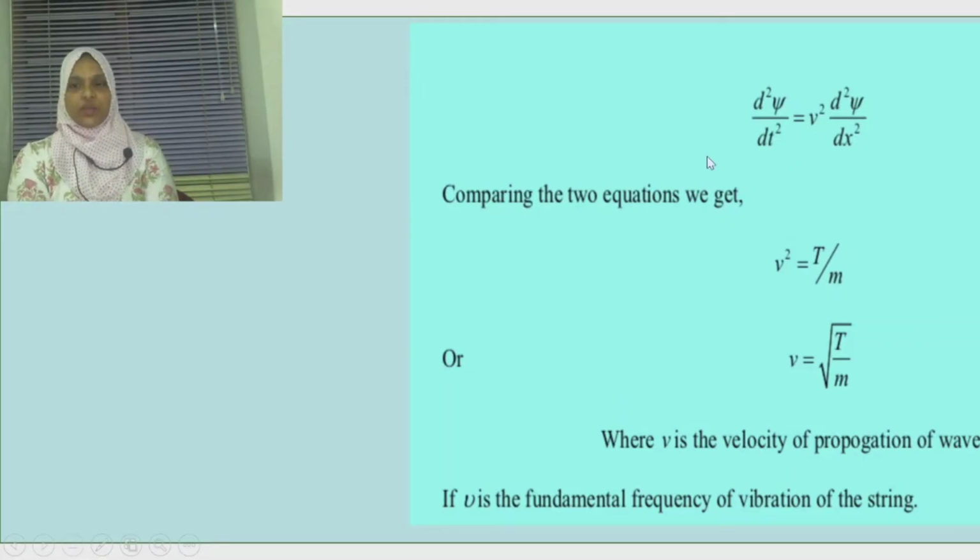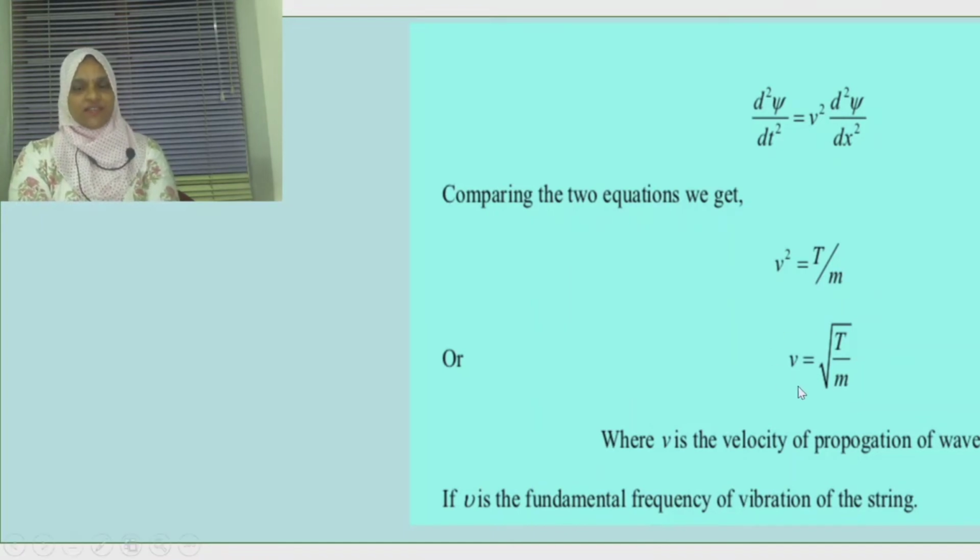So comparing those two equations, d square y by dt square is equal to T by m into d square y by dx square, and d square psi by dt square is equal to v square into d square psi by dx square, we get v square equal to T by m, or v will be equal to the root of T by m, where T is the tension and m is the mass per unit length or linear density of the string.